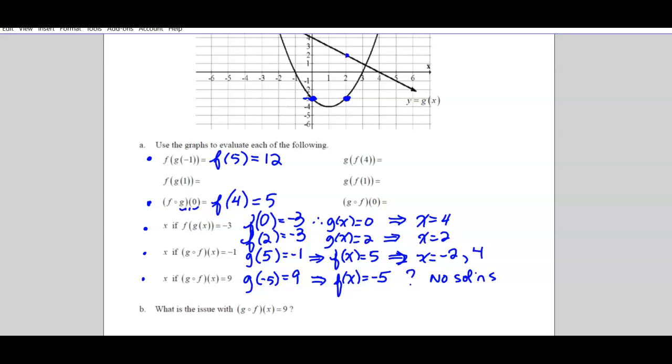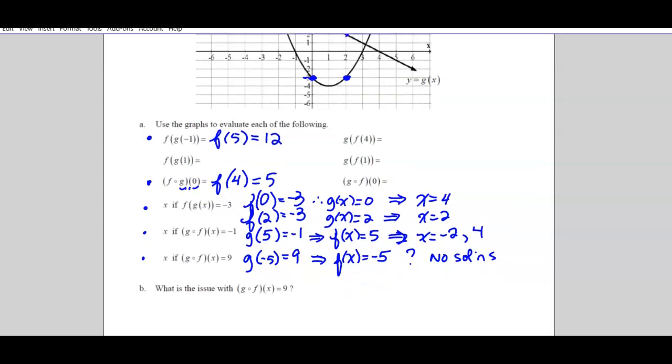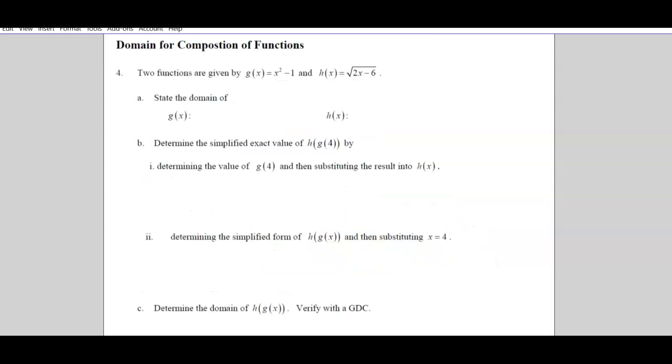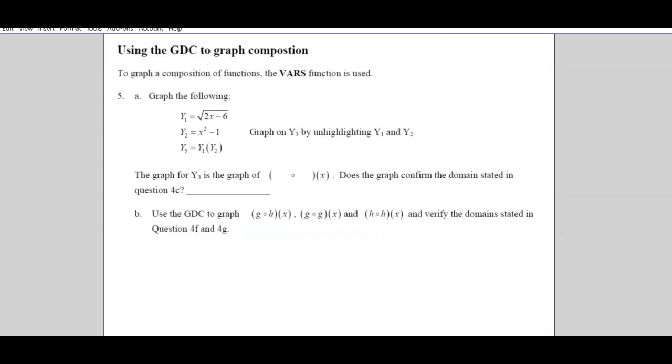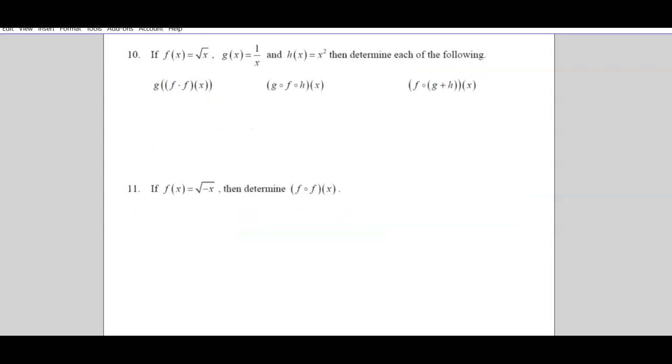So, in the last few minutes here, you can go through the composition from last year. It's similar to this year. Just get out your calculator. I just want to remind you, I'm trying a blank screen here. So if I give you f of x equals x squared, and g of x, let's say, is x minus 1.